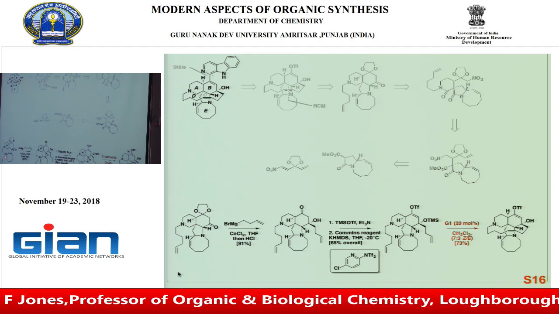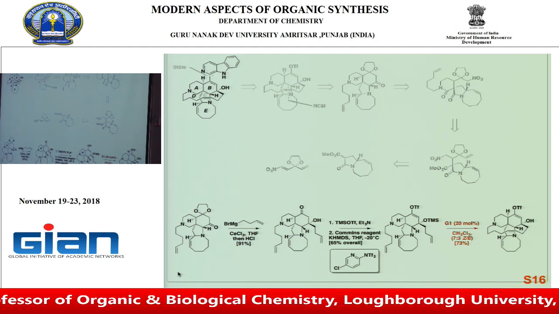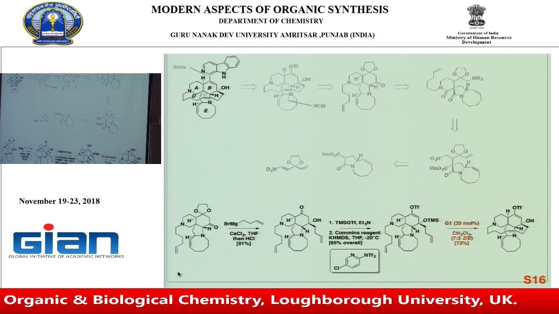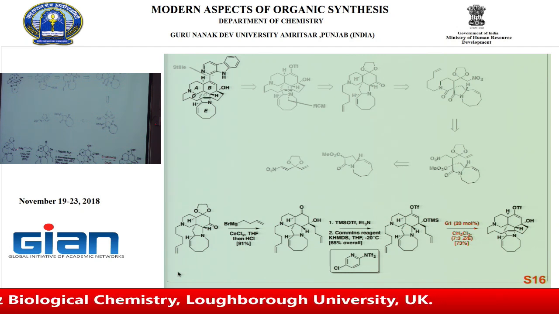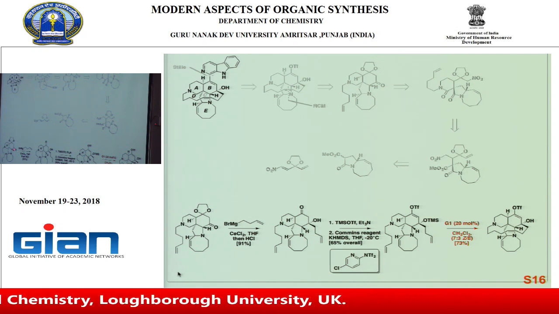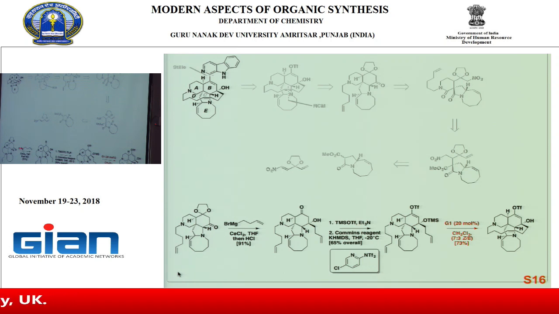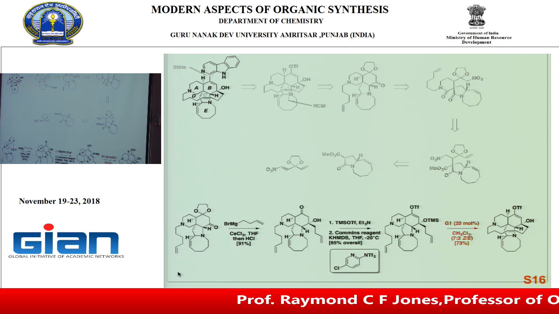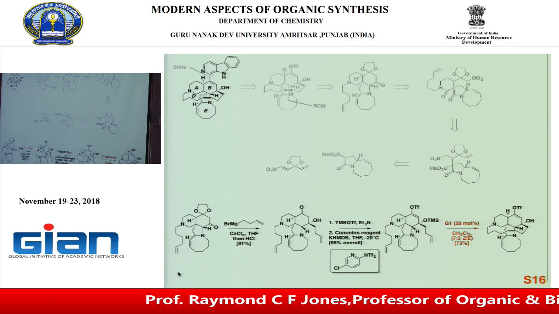That 8-membered ring did come from a metathesis, but I'm not going to describe that. Then the next part is very, very similar in a way to what Martin did. He used a lithium derivative here. This time it's a Grignard reagent to bring in the right-hand side chain alkene.